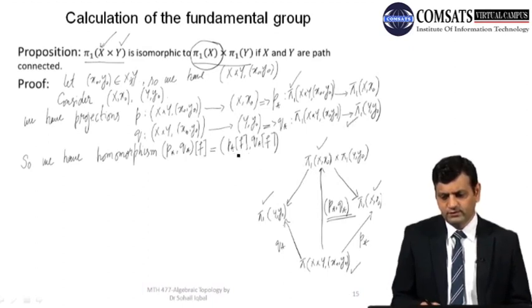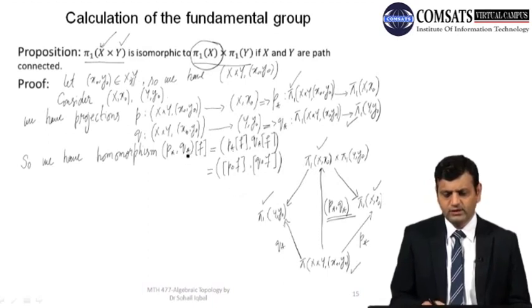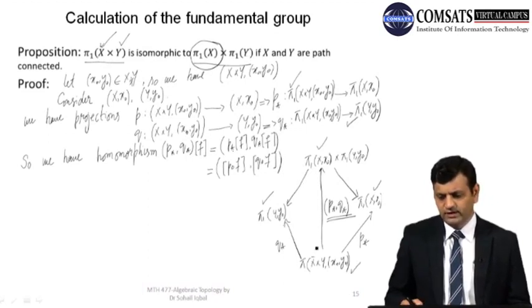Of course, this is just equal to the class of P composition f and Q composition f. So we have this map (P lower star, Q lower star). What we need to show is that this is isomorphic to this. In other words, we have to show that (P lower star, Q lower star) is an isomorphism.